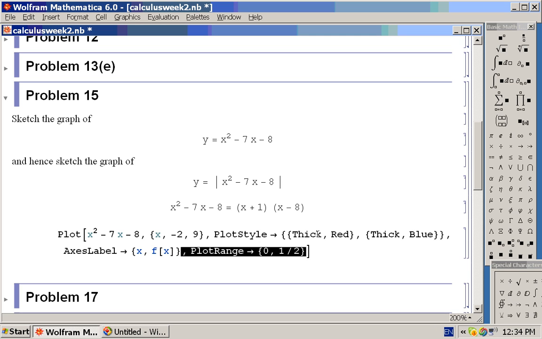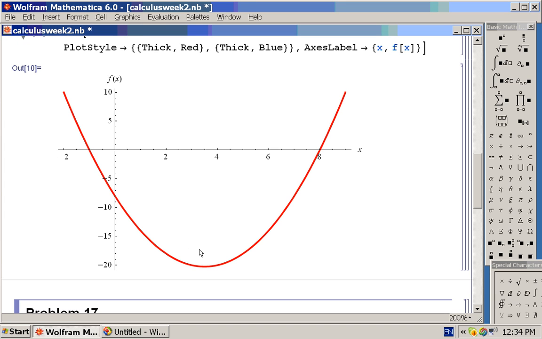We'll get rid of that because we don't need it anymore, and that's what it looks like. And we can see that indeed the curve is 0 here and here, and it comes down here, it has a minimum value of about 20.